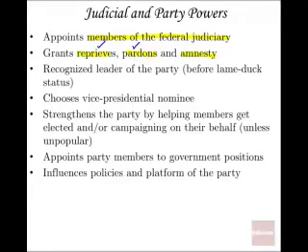cases, and the president can act as a judge, so to speak, and pardon an individual who's been convicted of a federal offense, or can pardon someone from being prosecuted.